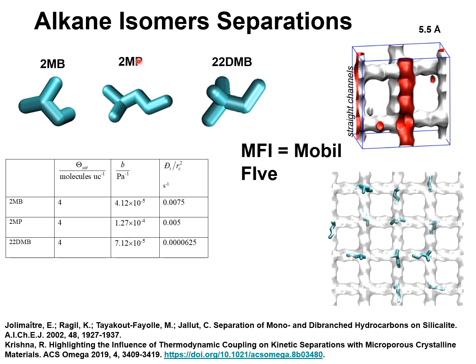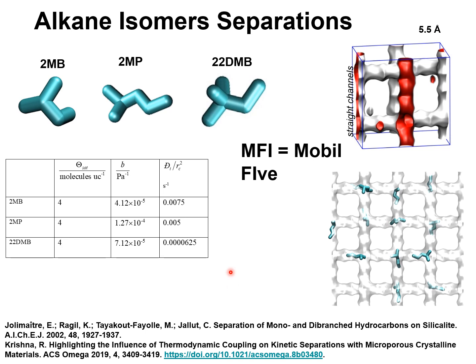And the Langmuir constant for 2-methylpentane is even higher than that of 2-methylbutane because of improved van der Waals interactions with the channel walls, and the Langmuir constant is 1.27 times 10 to the minus 4 Pascal minus 1.